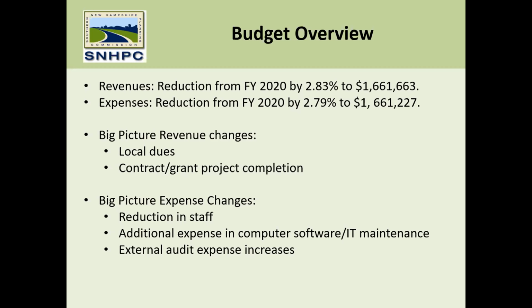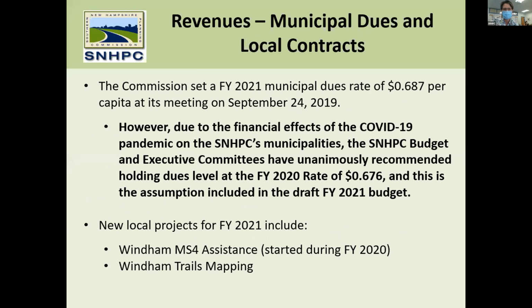As far as expenses, some of the big picture items are the reduction in our staff, additional expense in computer software and IT maintenance, a whole host of computer items, and also our external audit expenses have increased somewhat. So let's look at the revenues and municipal dues and local contracts first.